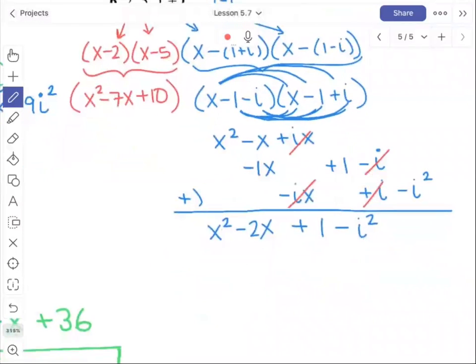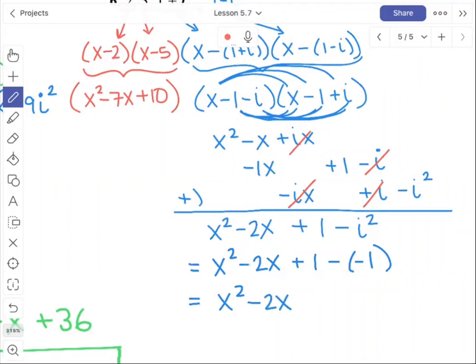Now the i squared, remember guys, you can replace that with a negative 1. So that leaves me with negative 2x plus 1, so that's plus 2. Okay.